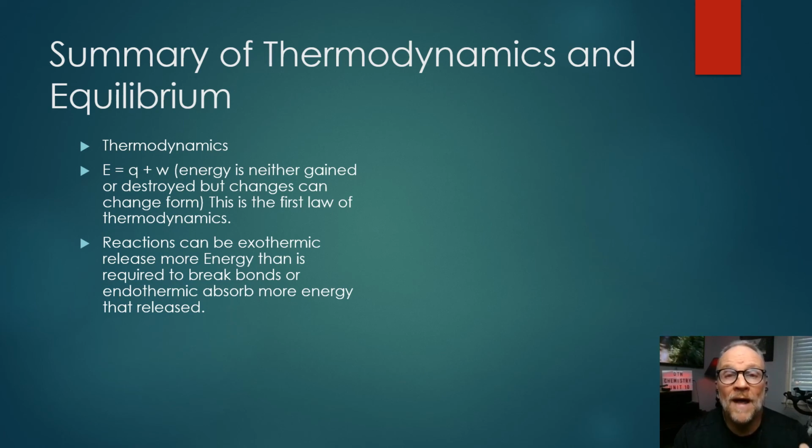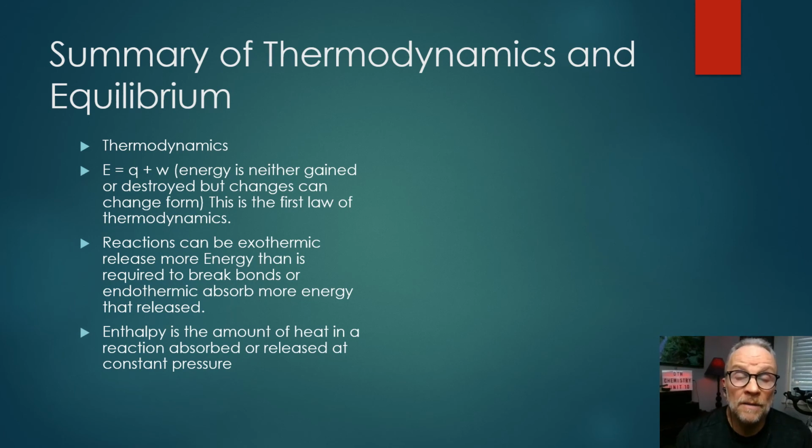And then we had endothermic systems, whereby the energy required to break the bonds is more than the energy released when the bonds are reformed on the product side. And so we talked about those having a Q value that is positive because the system is absorbing energy, or a delta H value where the system is absorbing energy, so that is positive also.